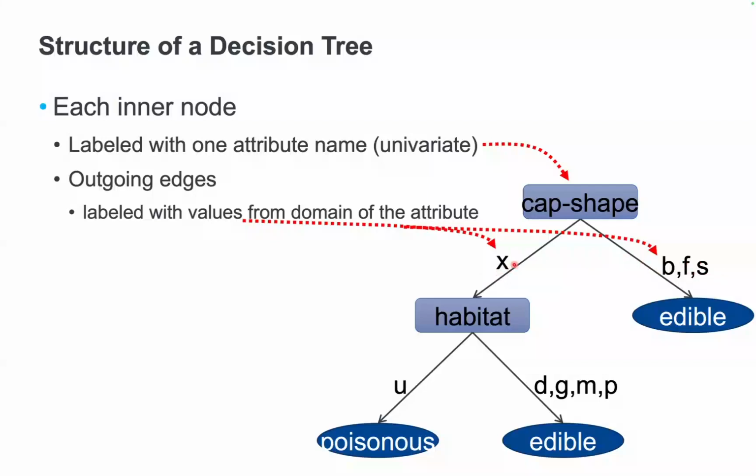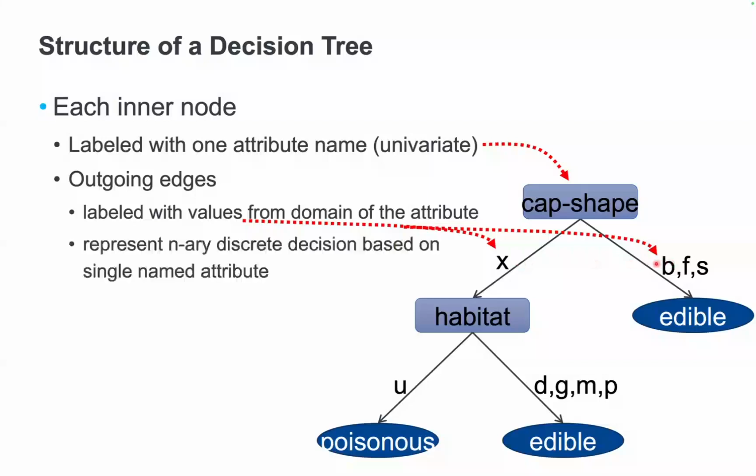So here, X is assigned on the left, and the other three are assigned on the right outgoing edge. And here, of course, we represent with these outgoing edges how we would decide if a new object comes in. We would look at the cap shape and decide, if it has cap shape equals X, then I would go left. And if it has the cap shape, for example, flat, then I would go right.